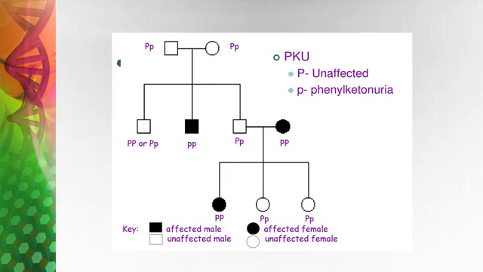Autosomal recessive conditions are challenging to identify from pedigrees alone because the disease often skips more than one generation. Besides, affected individuals inherit copies of recessive genes from both parents.